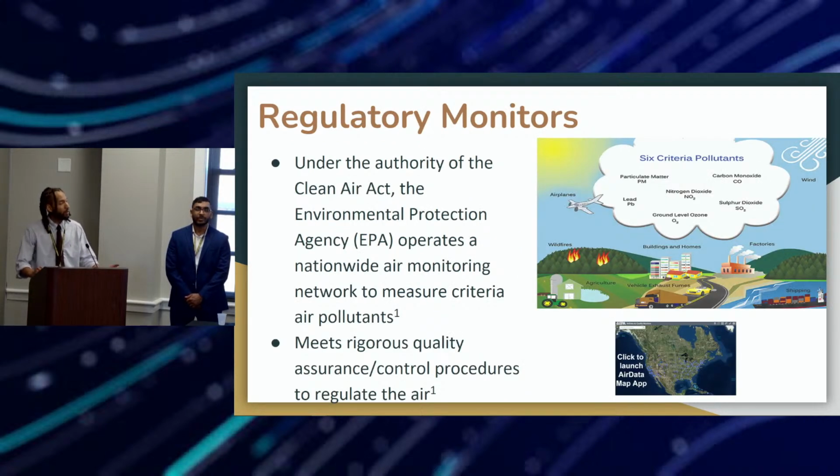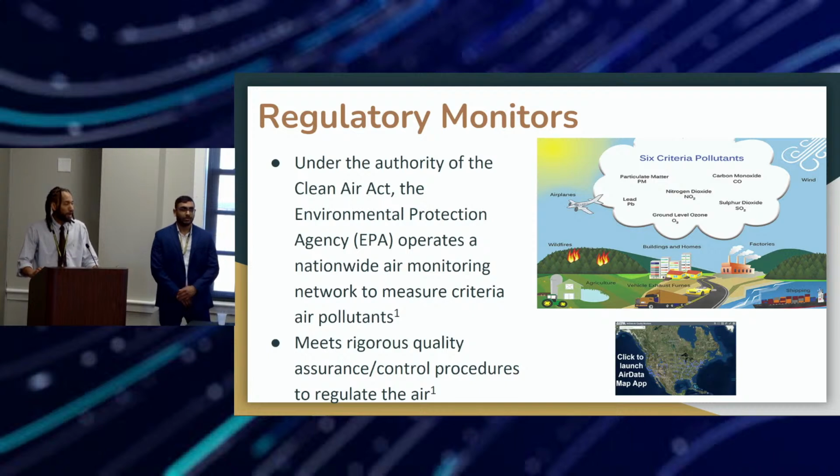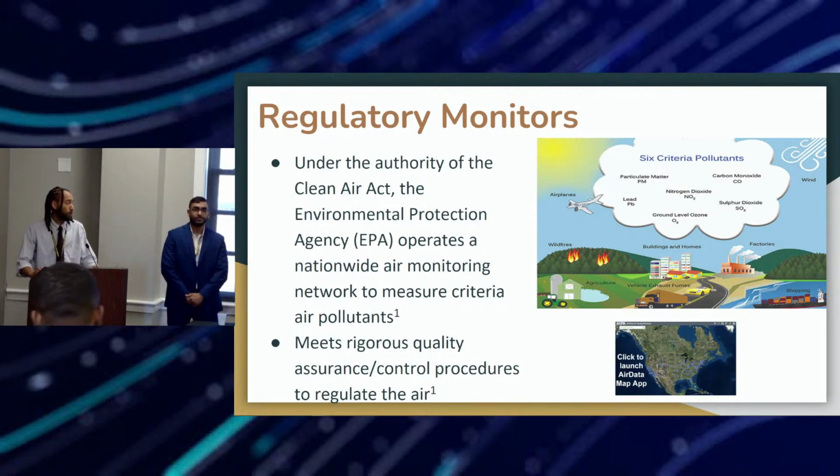Okay, so let's start off with our rationale for why we do what we do. Under the Clean Air Act, we are required to monitor 6 criteria air pollutants, located at the top right-hand corner, and I'll list them out for you: particulate matter, carbon monoxide, nitrogen dioxide, lead, ground level ozone, and sulfur dioxide.